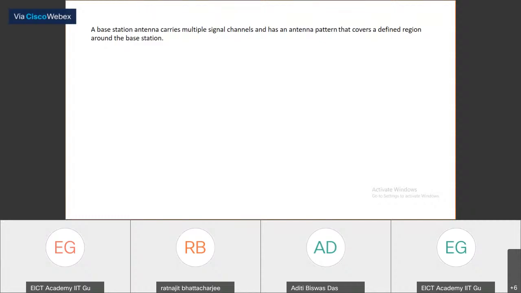And as you have seen, these base station antennas are placed at higher altitudes, usually at a height of 10 meters to 20 meters, on a platform, so that they can give wide coverage. And these base station antennas are repeated after certain distances.